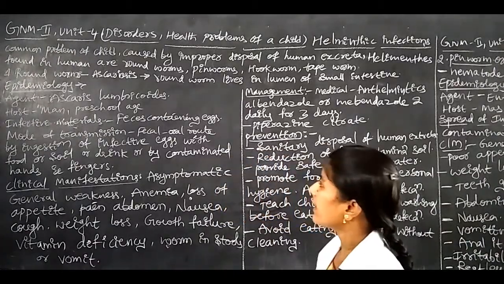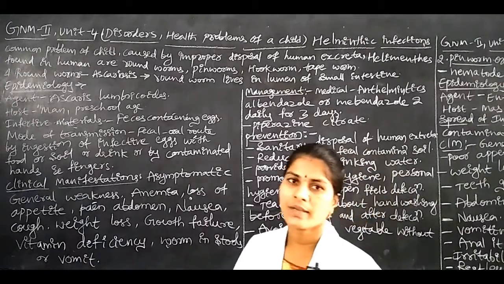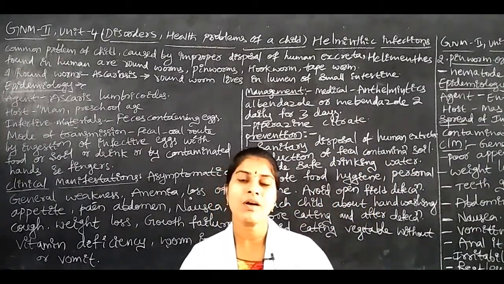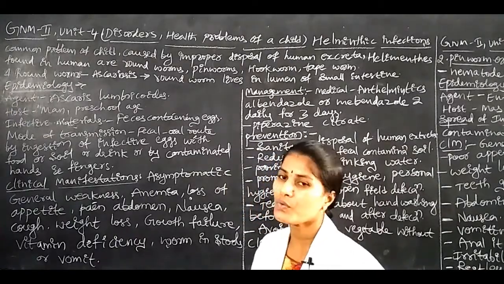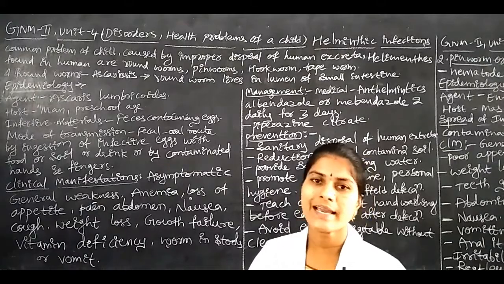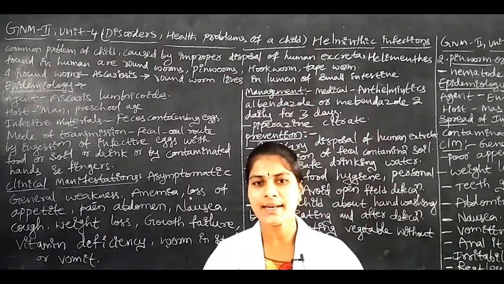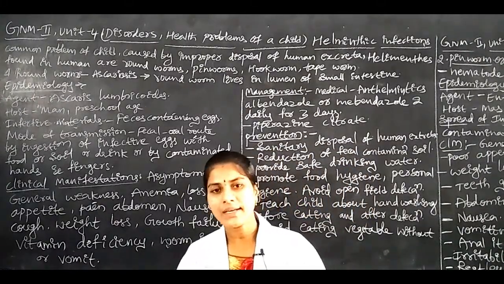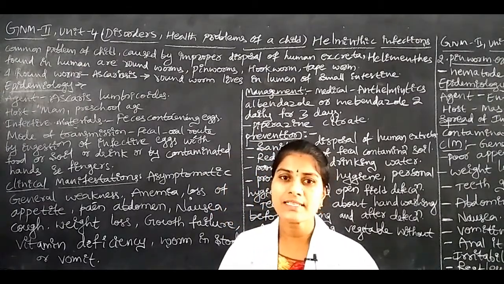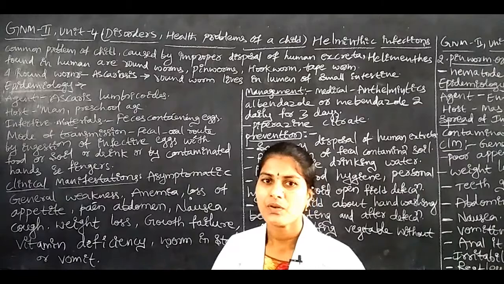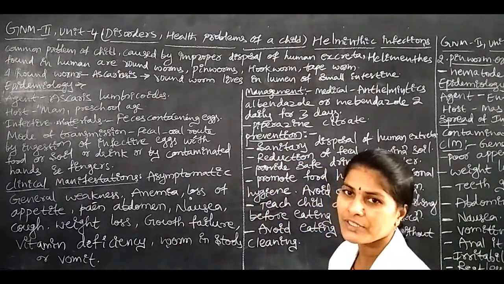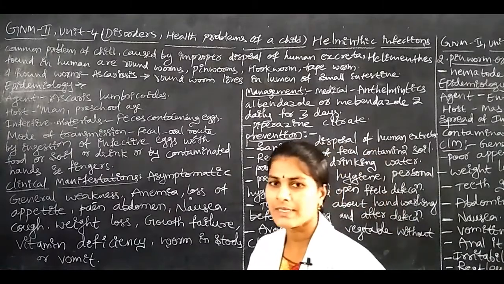These feces contain eggs of the roundworms. Why? Because the roundworms live in the small intestine of the child, so the feces contain eggs released from the roundworms. Due to this, the infection easily spreads from one person to another.